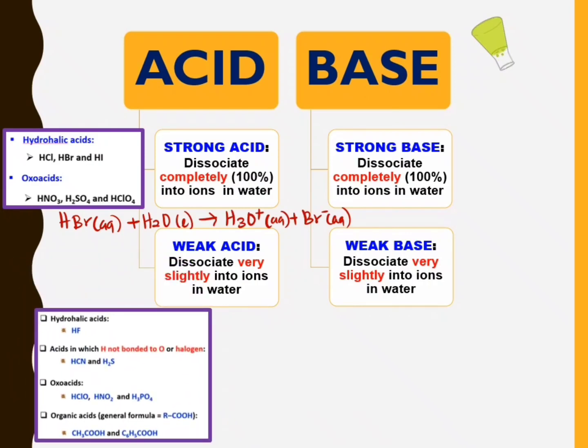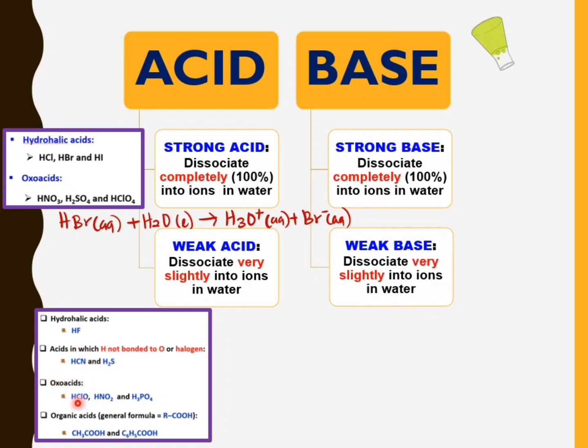So hydrohalic acid satu je, kita ada HF, okay, and then acid that in which hydrogen not bonded to oxygen or halogen. Maksudnya kalau awak ada HCN, awak ada H2S, ini semua sejenis acid tapi dia bukan bond dengan oksigen. So dia adalah weak acid.